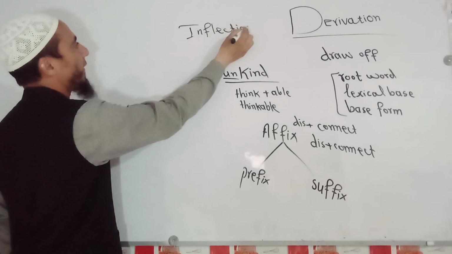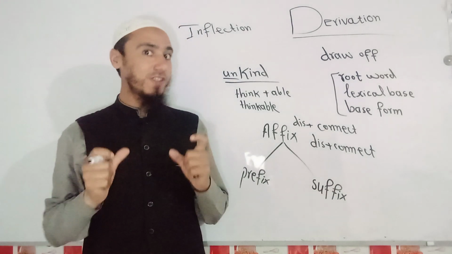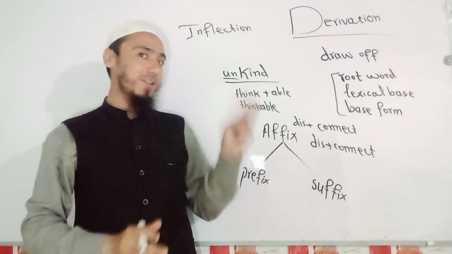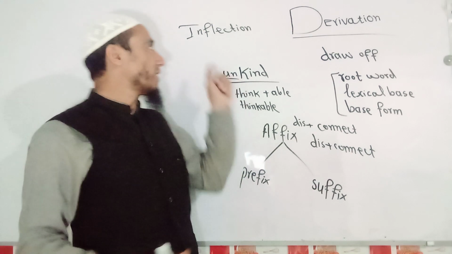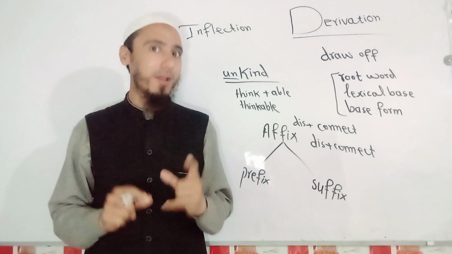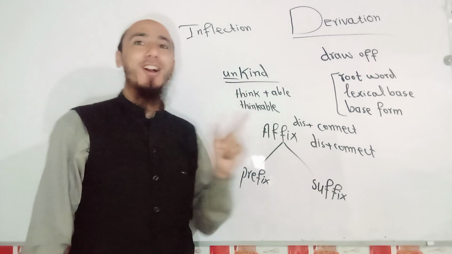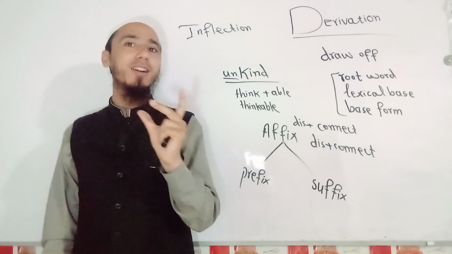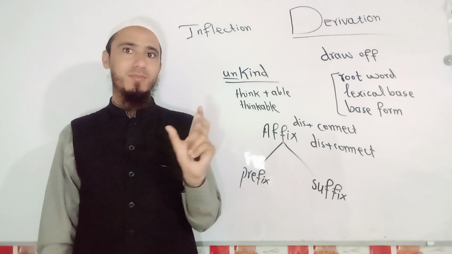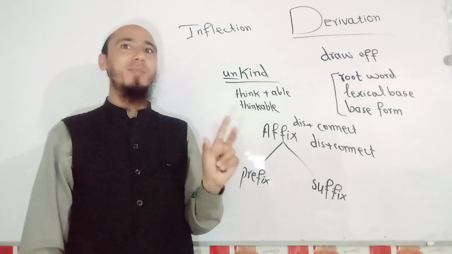We have inflection. What is the difference between inflection and derivation? Listeners and audience, if we come to the definition, inflection is actually the word formation process in which change occurs only in the grammatical category of a word. The changes occur only in the grammatical categories of a word.